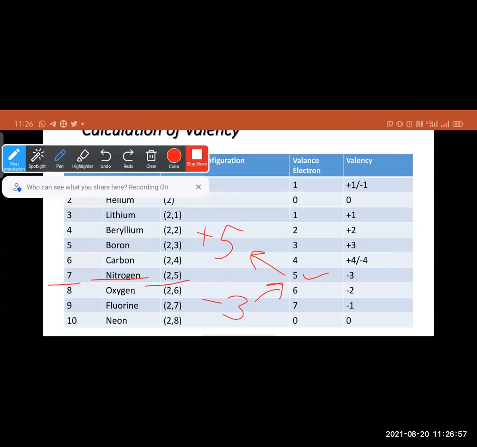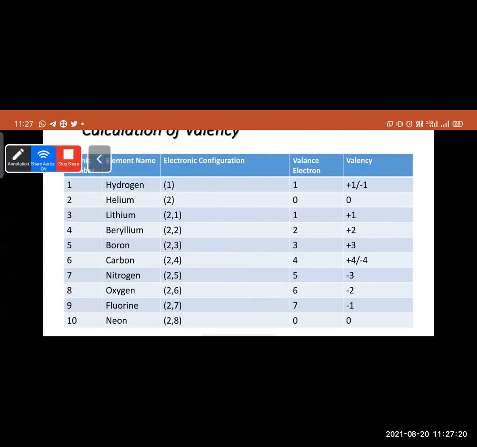So nitrogen will prefer to accept 3 electrons because it will be difficult for it to donate these 5 electrons. So the valency will be -3. Minus sign is for accepting to get stable electronic configuration.